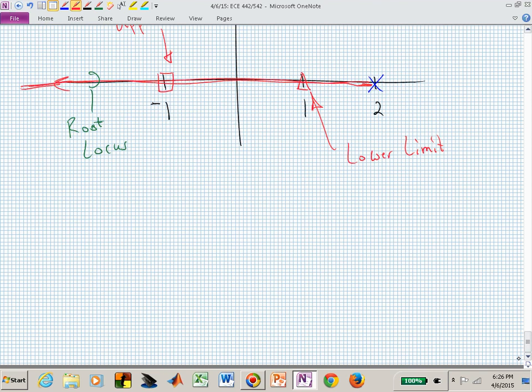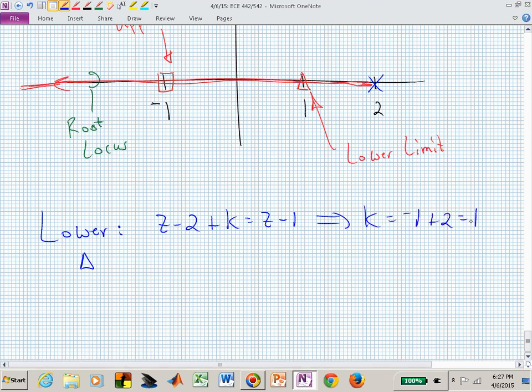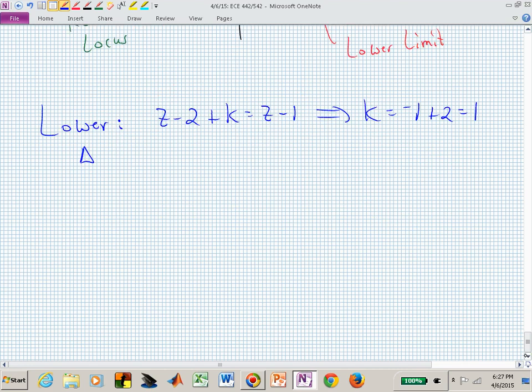And we can calculate those two values of gain k. The lower, which is the triangle, is z minus 2 plus k equal to z minus 1. Or k is now minus 1 plus 2, or 1, and we knew that already. We had to get the gain bigger than 1 to become stable.